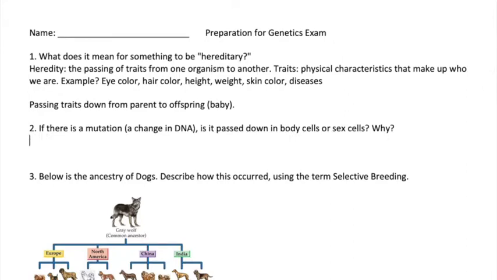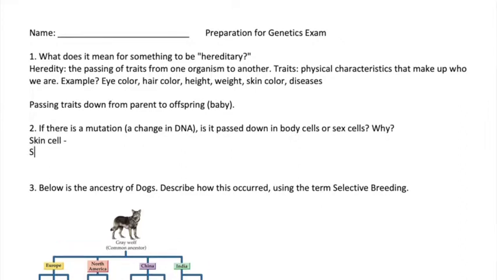So for example, a body cell is like a skin cell. Now, you can get a mutation on your skin cell, but they're asking if it can be passed down. A sex cell is something like a sperm or an egg cell. Which one do you think is most likely to be passed down? Well, if you were thinking sex cell, you are correct. It is sperm cell or egg cell.